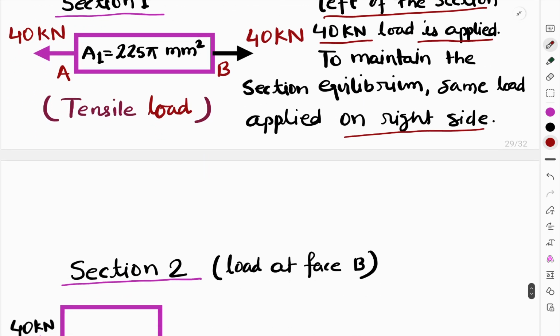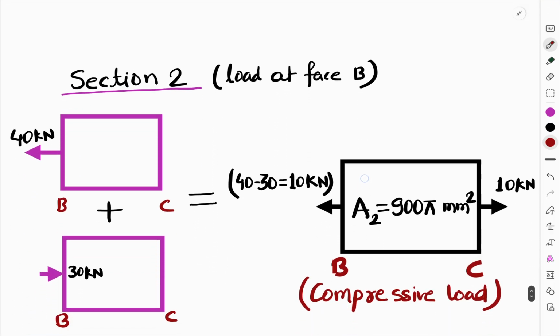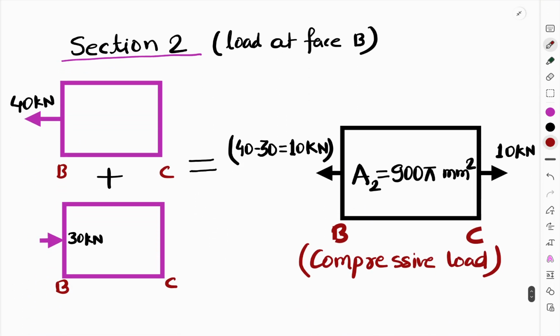Next we'll move to section 2. Here, if you see section 2, from the section 1 far end at point B a 40 kilonewton tension load was applied, but face B is common to section 1 and section 2.